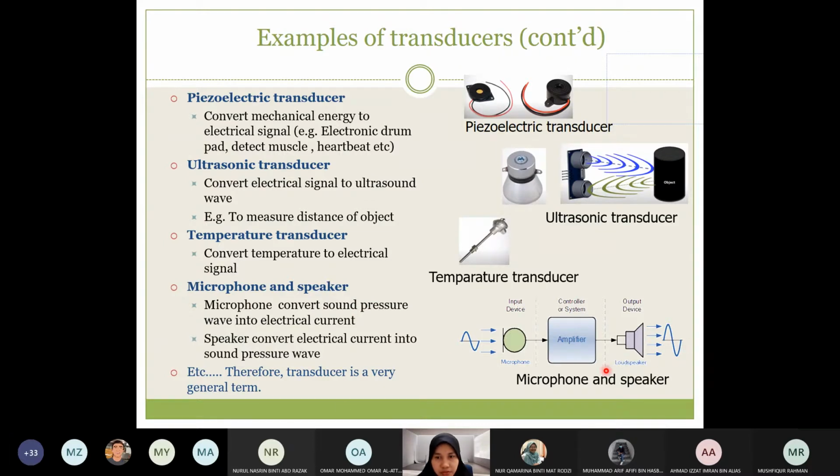This is speaker, which converts electrical current into sound pressure wave. Okay. So this is transducer system. The input is pressure, and we have controller, for example, amplifier. If we amplify the sound, we produce higher sound through loudspeaker.